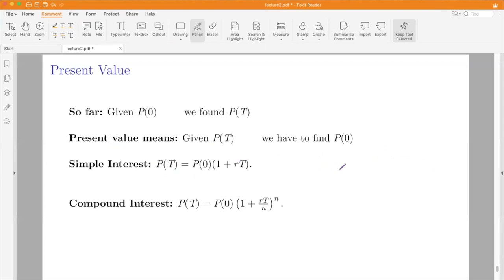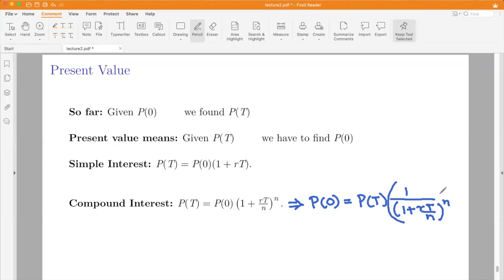Similarly, in the case of compound interest, if you recall, the formula is given by this. From here, we can again find the present value: P of 0 is equal to P of t into 1 by (1 plus RT by n) the whole power n, right?